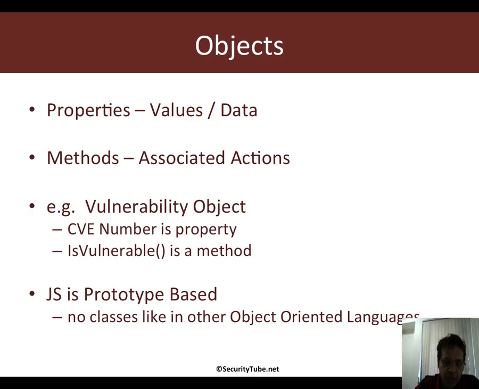So we could define a vulnerability object in which the CVE number can be a property, the plain text description can be again a property or really data, and then we can define a function inside which would be the method called isVulnerable, which checks if the current page is vulnerable or not.